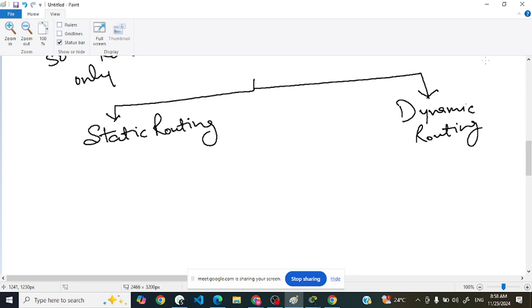Dynamic routing will be performed dynamically by using dynamic protocols like EIGRP, OSPF, IS-IS. Abdul? Static routing you configure manually by assigning the IP addresses manually. There is no need of a DHCP server, Abdul, in dynamic routing.